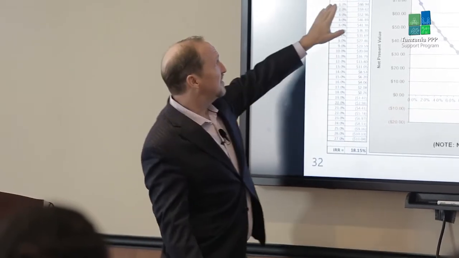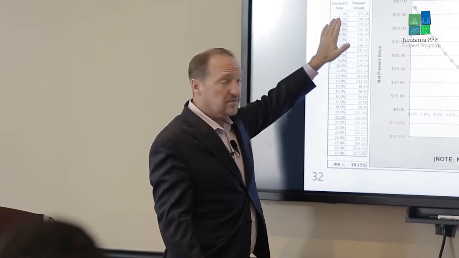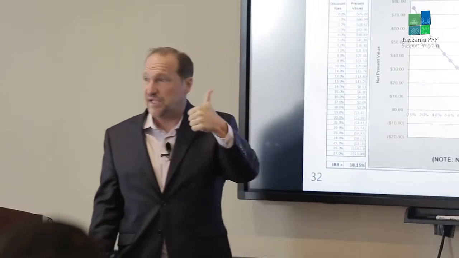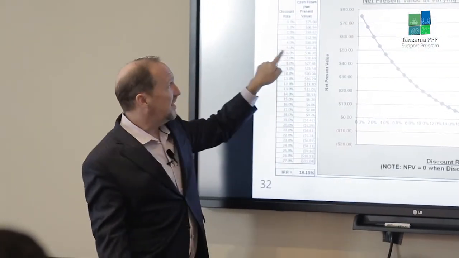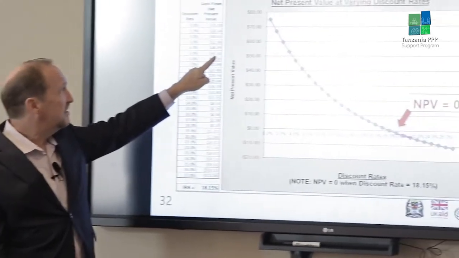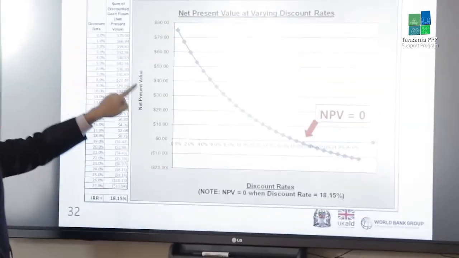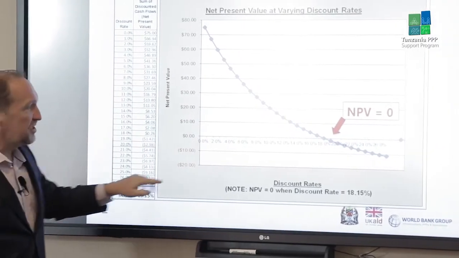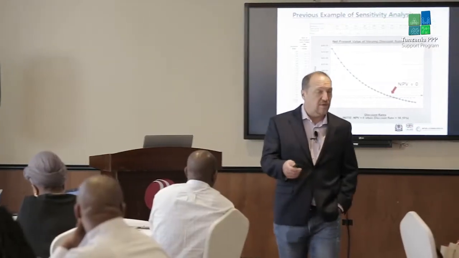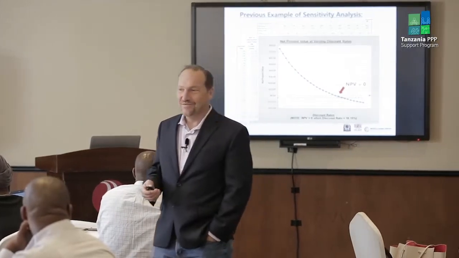We said that if the discount rate were 0, the NPV would be positive $75 million, so right here. And I graphed it for you, and I said, okay, if the discount rate goes up to 5%, now the NPV drops to 41 million here. And at 10%, 15%, what do we call the discount rate when the NPV is zero? The IRR, thank you, yes.